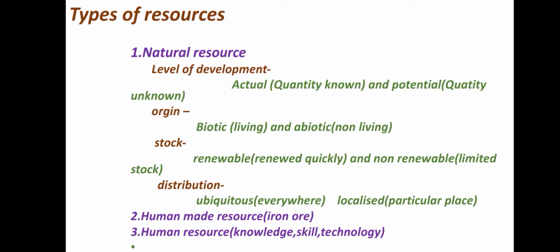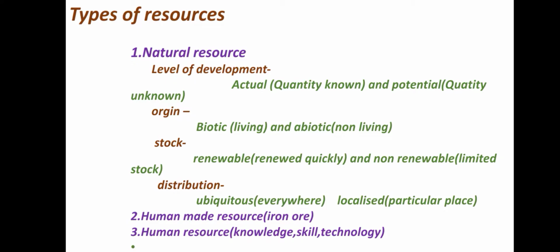And what is meant by localized? In a particular area only you can get this. For example, minerals. Can you get minerals everywhere? No. In some places only we can get minerals. For example, gold. Can you get gold easily in all the places? In some plateaus and in some places only you can get gold. So it is localized. For example, petrol. Can you get petrol everywhere?